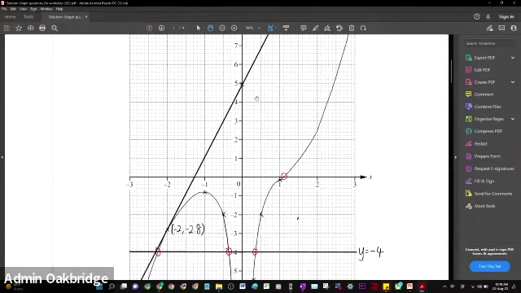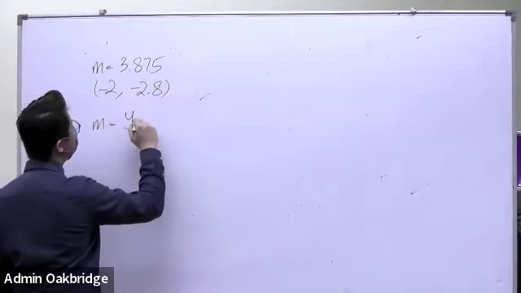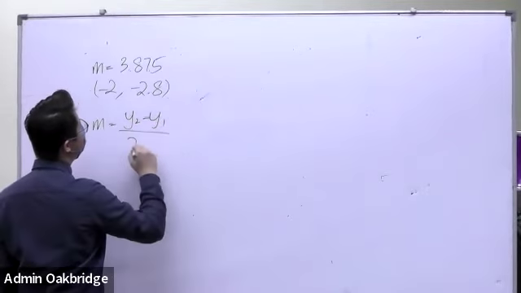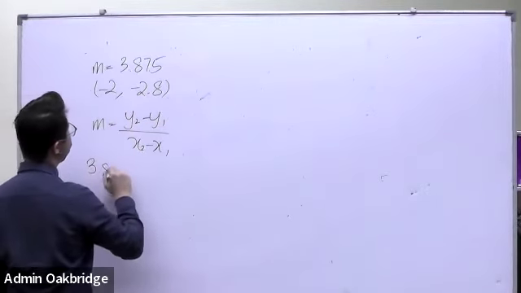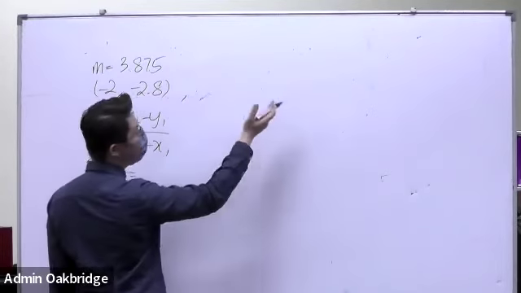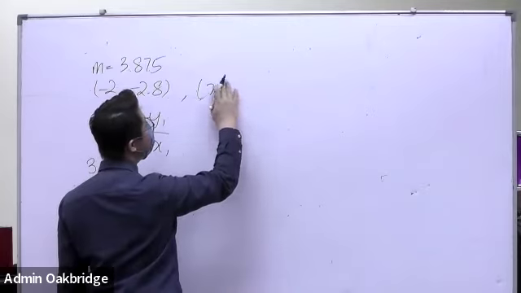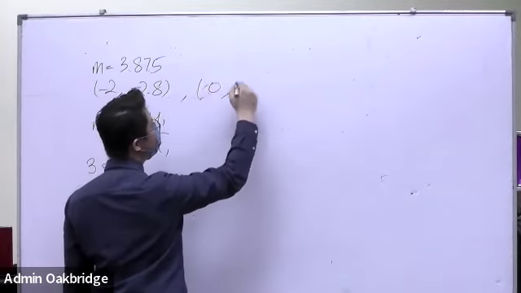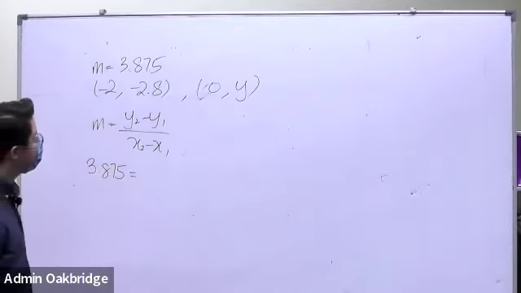So how? So now you should use the gradient formula, right? Gradient equals to y2 minus y1 over x2 minus x1. The gradient you know from calculator is 3.875. Now another point, we take it as the y-intercept. You know the x, but you don't know the y, right? You know the x must be 0. Y-intercept you still don't know yet.